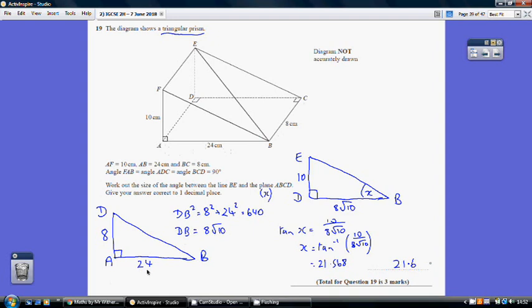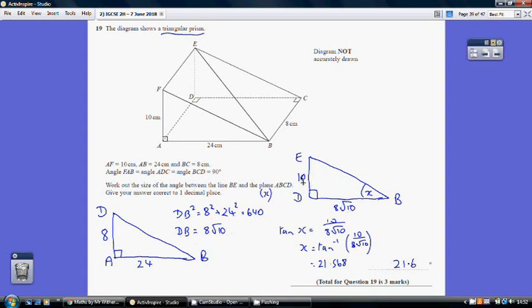So using Pythagoras, we can say DB squared equals 8 squared plus 24 squared. Square root this, we get the length of DB being 8 root 10. So we're taking our DB being 8 root 10 over here. Now that I know two sides, I can work out the angle that I need to work out.